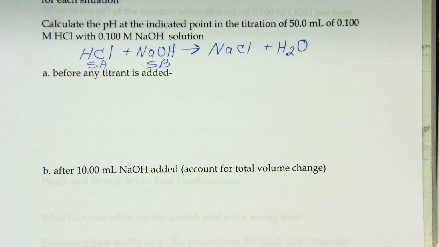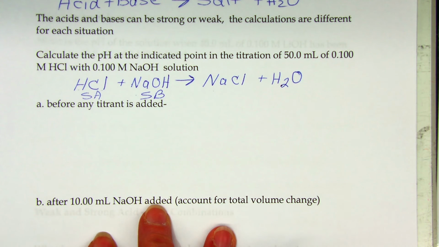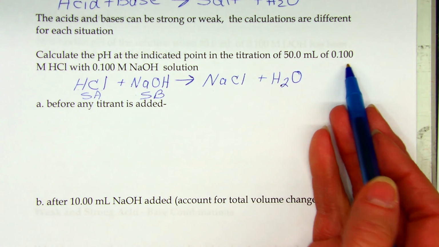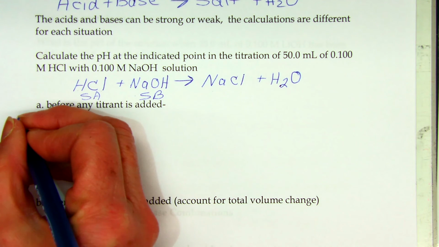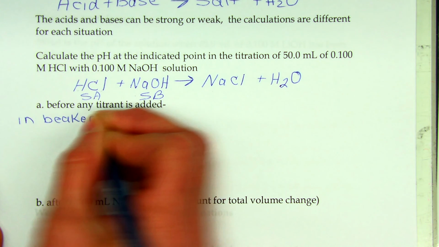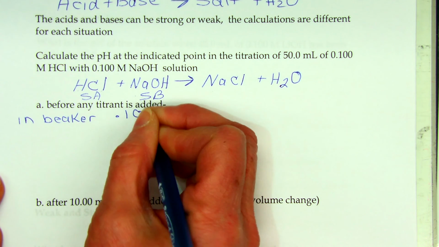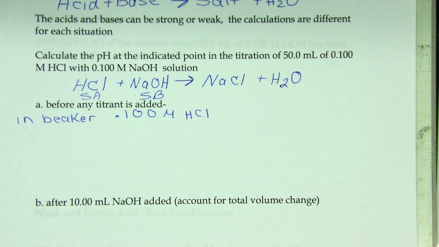So now, before any titrant is added, what's in my beaker? Well, I have 50 milliliters of 0.1 molar HCl in my beaker. This is the first kind of pH problem we ever tried when we introduced pH.